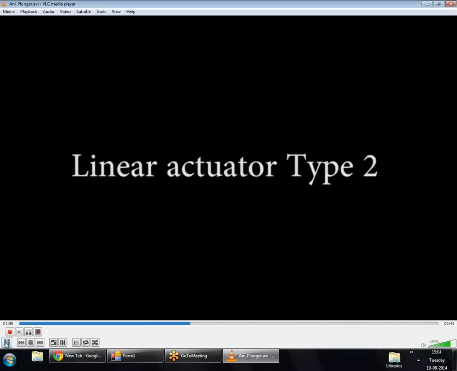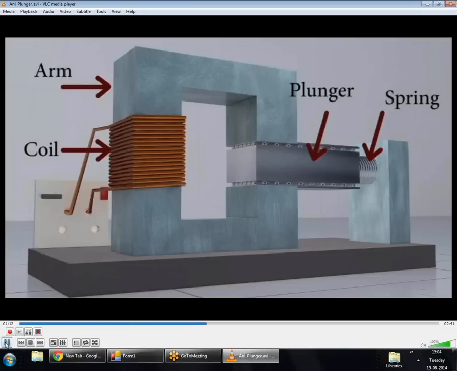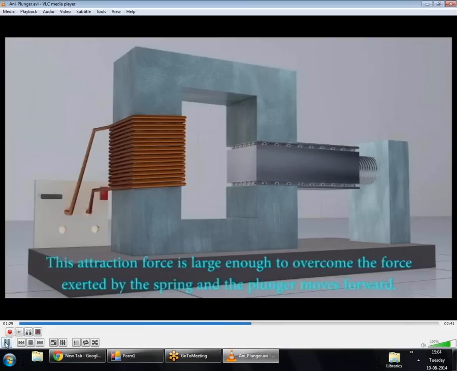And as we see here again, it was a singly excited system since we had just one coil. Similarly, we have another system which is also singly excited because it has one coil and one source of magnetic field. Here, if we look carefully, as the current is turned on through the coil, the moving plunger starts to move, and in the process it expands the spring.